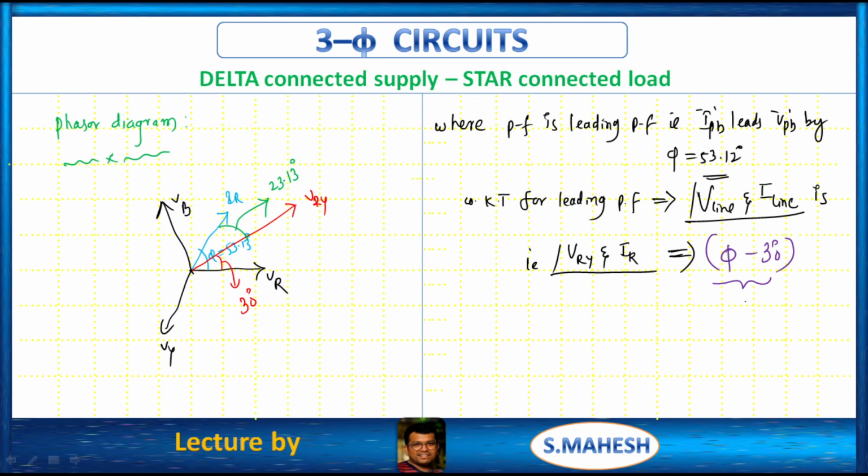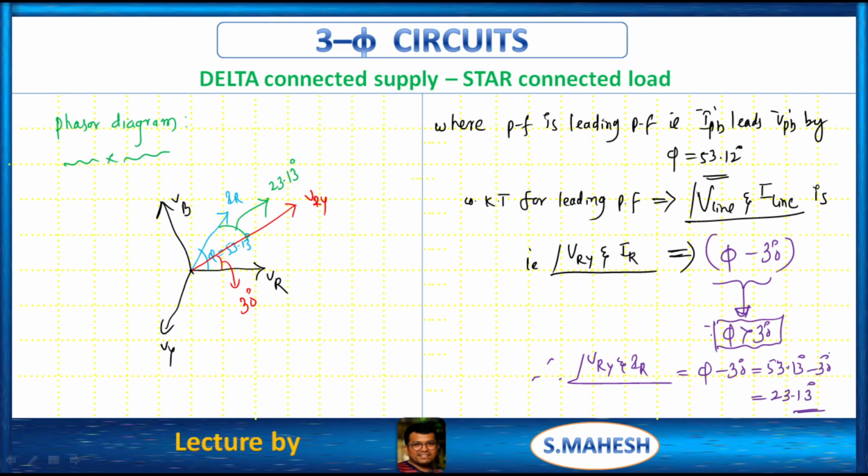Why is it phi minus 30? Since phi is more than 30. This is the important note point. Therefore, the angle between VRY and IR is phi minus 30, which is equal to 53.13 minus 30, which is equal to 23.13. Satisfied? Proved. The angle between line voltage and line current is 23.13. So we can justify that statement with respect to the phasor diagram. This is the analysis of delta connected supply and star connected load.